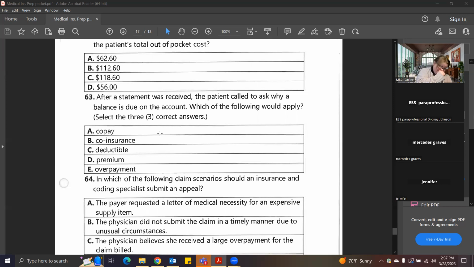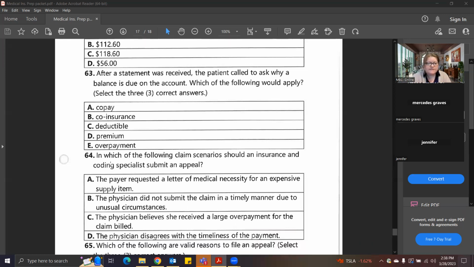A, B, and C. Yes, so if you said A, B, and C, you are correct. Premium is what they pay monthly for their policy, so that's not handled through the provider's office. That's between the patient and their insurance company or their employer. And overpayment is not going to cause the patient to have any additional charges.